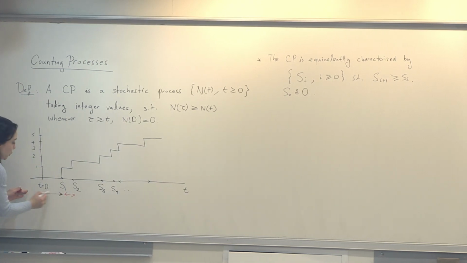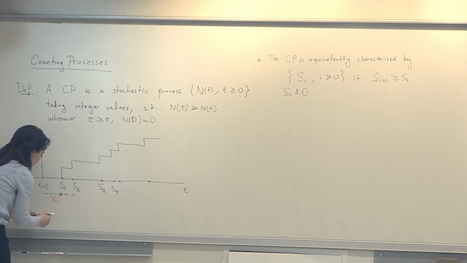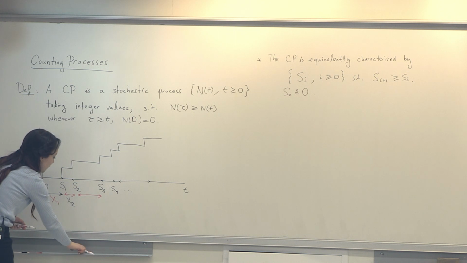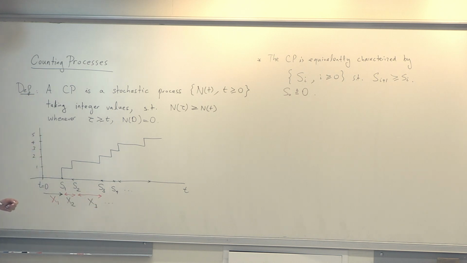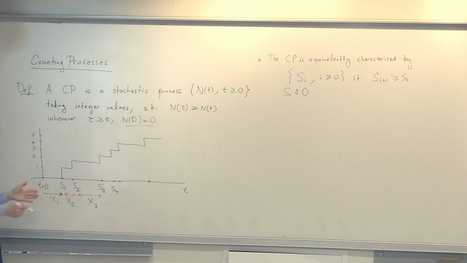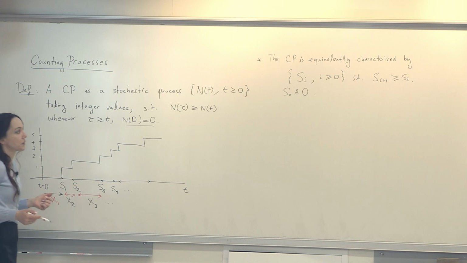Suppose the time to the first arrival is X1, time to the second arrival is X2, time between the second and third arrivals is X3, and so on. Given that the process starts at time 0, I could equivalently characterize the process in terms of the inter-arrival times.